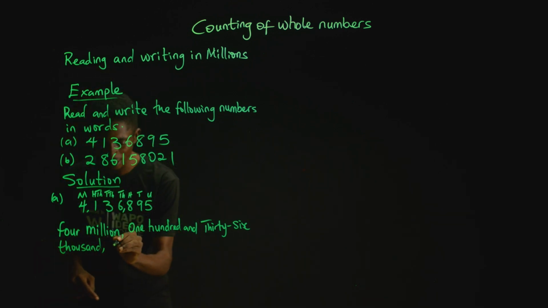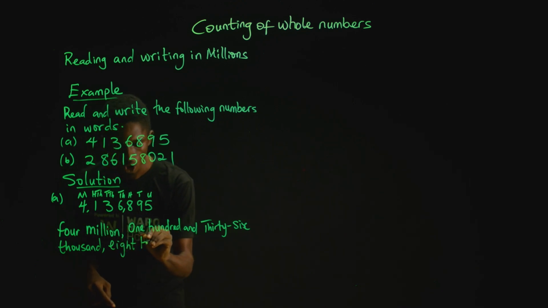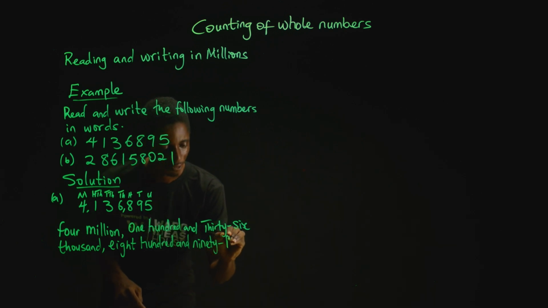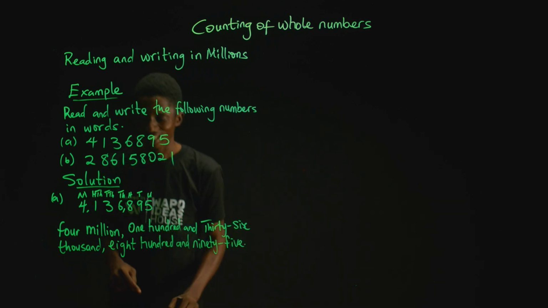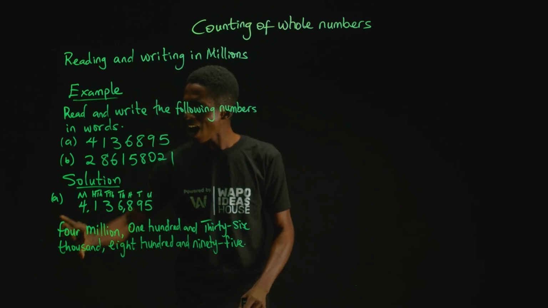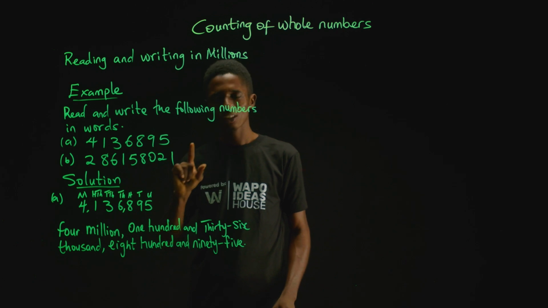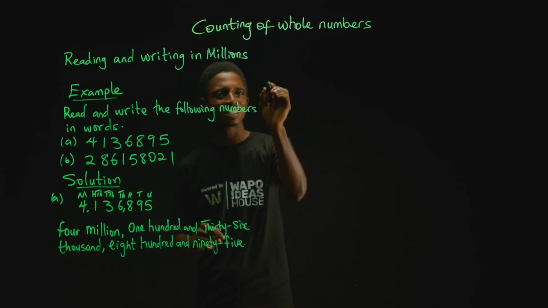Then the final three, 895. Now we have learned how to read and write this number in words. Now let's try the second.